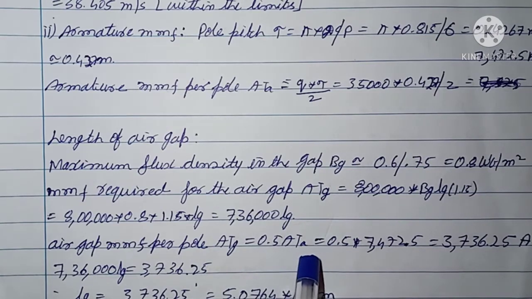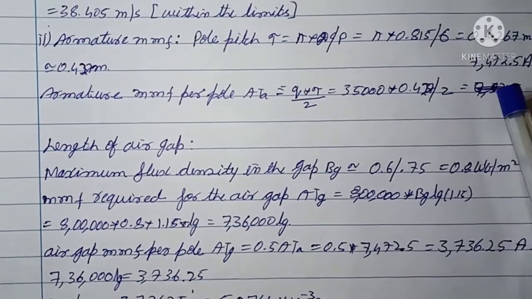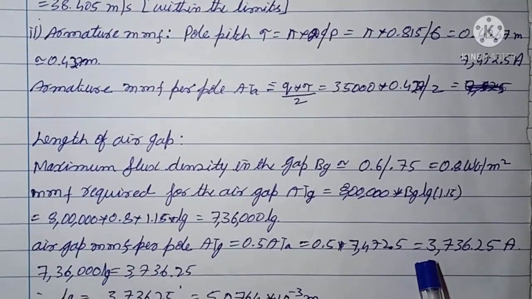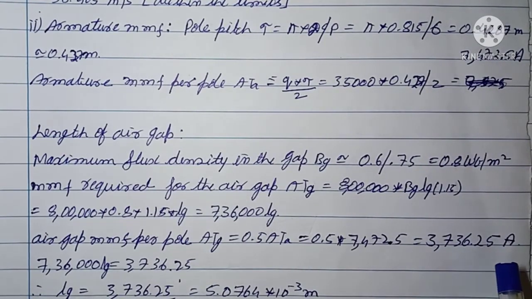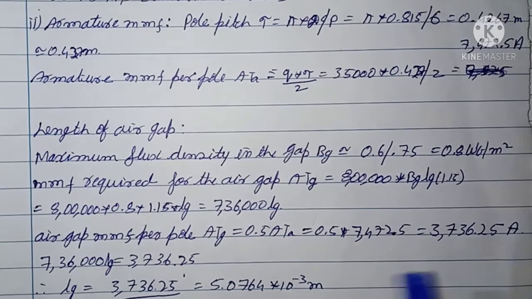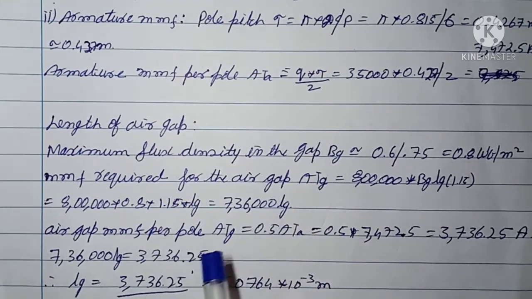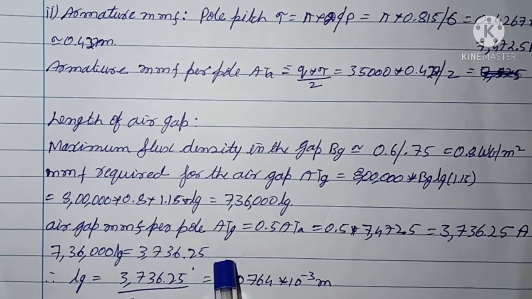Okay, right, so we have 0.5 into ATA, which we have calculated: 7,472.5. Half of that is 3,736.25. Now with this, for ATG we have two equations, so 7,36,000 LG is equal to 3,736.25.